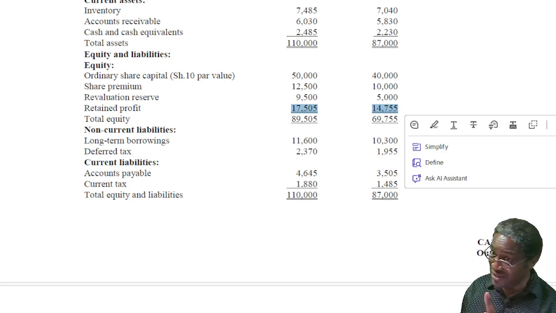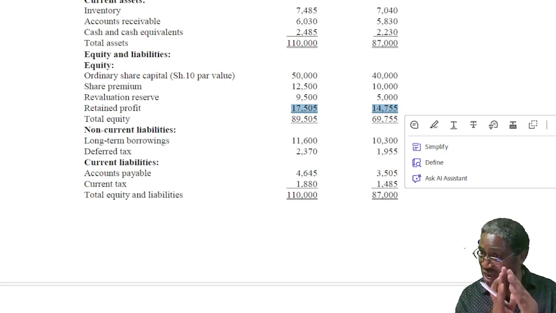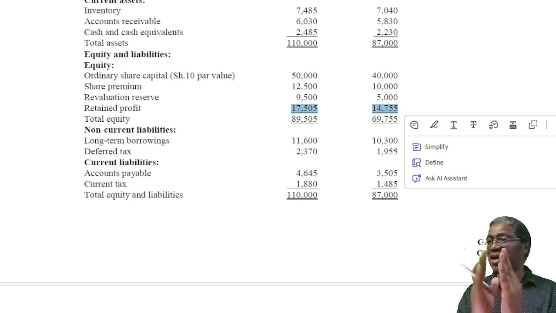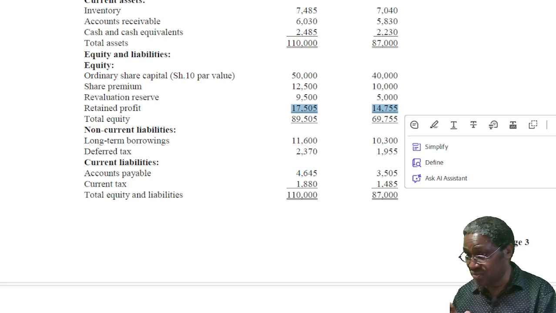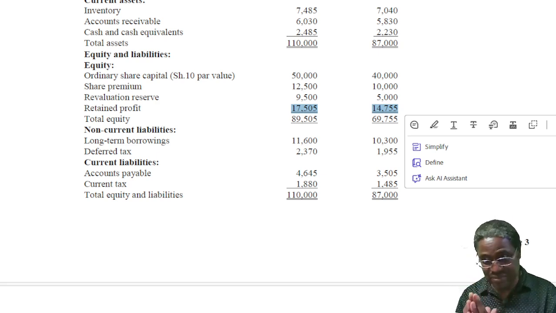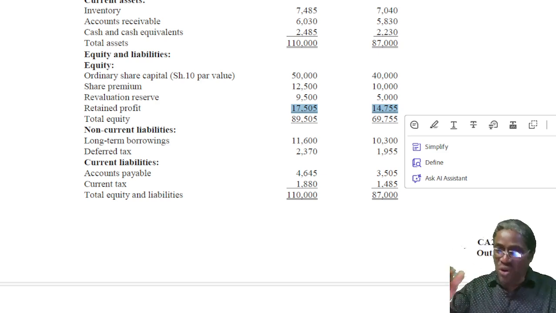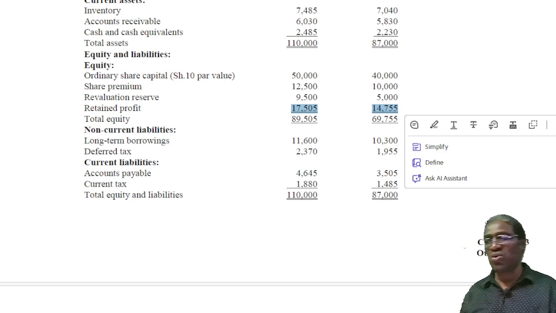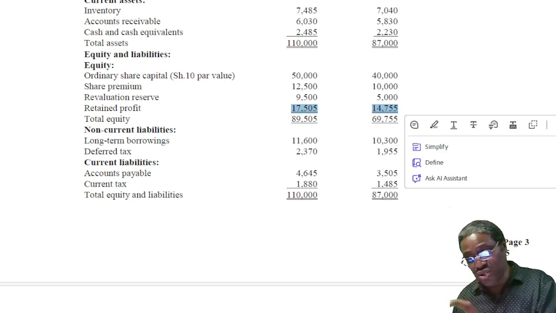I'm saying there are times you analyze the account called retained earnings, and there are times you don't analyze it. If you are to analyze it, you analyze it to get a particular item. And so, if that item is given in some questions, then you don't need to analyze the account called retained earnings. So the question is, what is it?